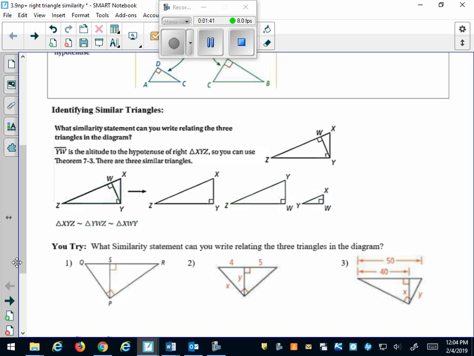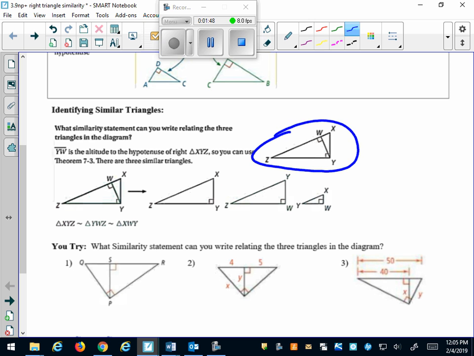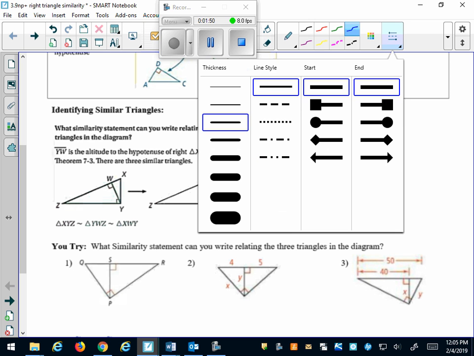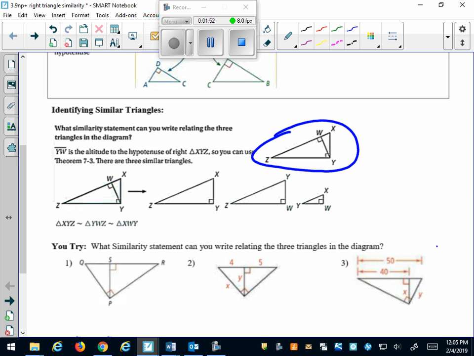So when you have a diagram like this, you could think about redrawing the 3 triangles separately and facing them in the same direction so you could clearly see what part goes with what. Maybe I should say there's 3 different ways of thinking about this.